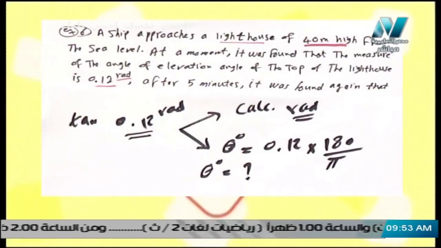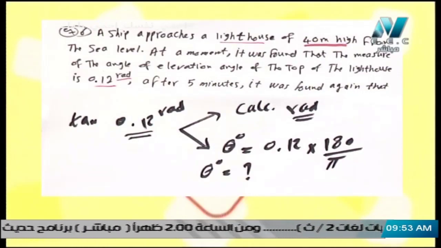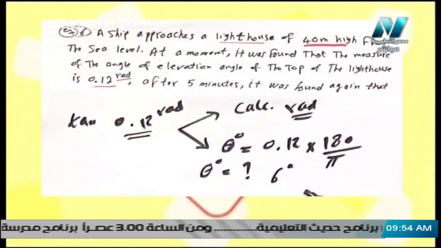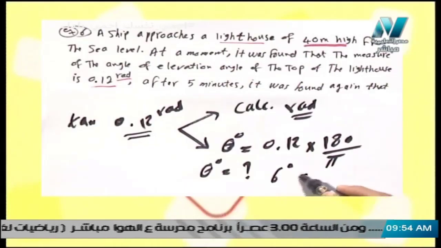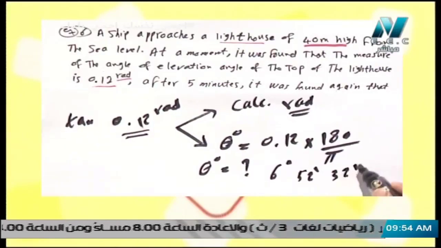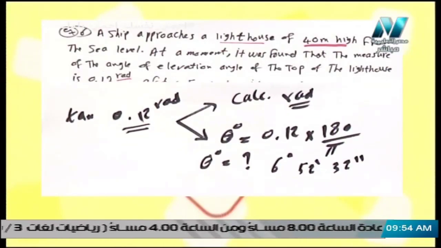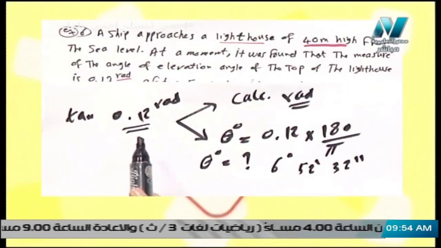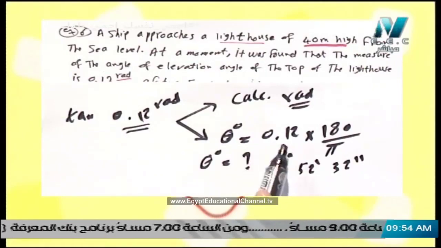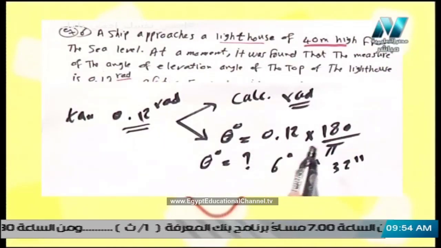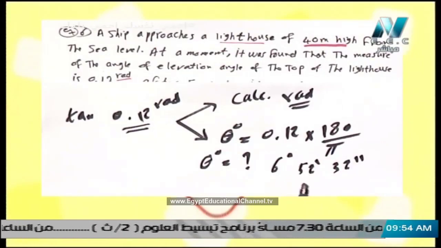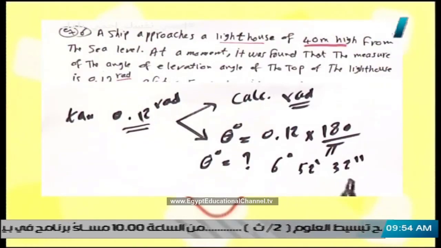The answer will be 6 degrees, 52 minutes and approximately 32 seconds. So to convert from rad to degree, you have to multiply 0.12, which is rad, by 180 degrees over pi, and theta here will be 6 degrees, 52 minutes and 32 seconds.